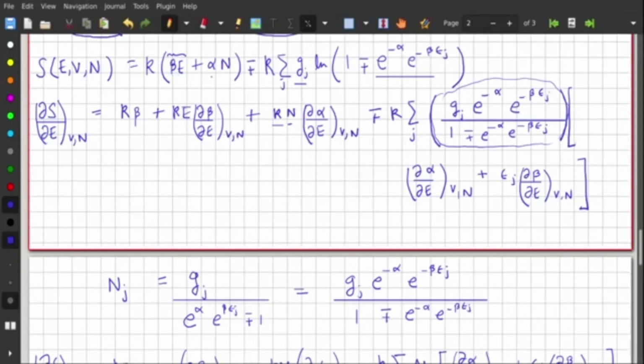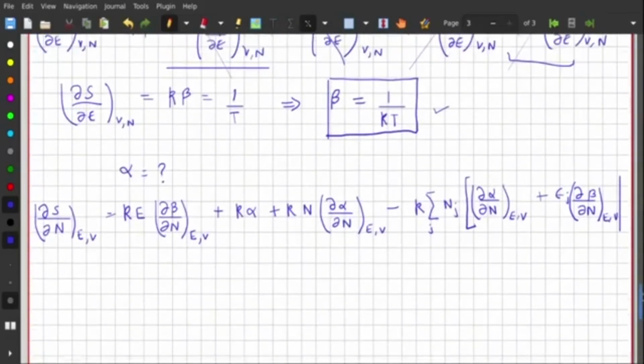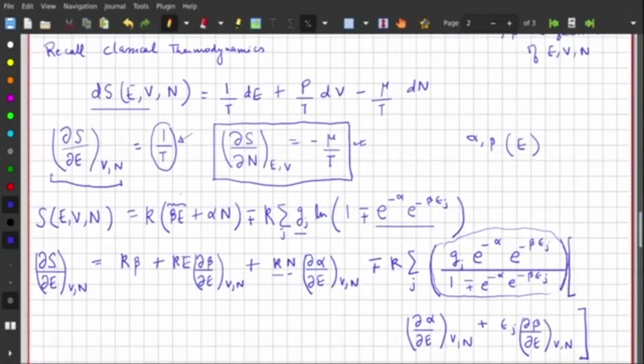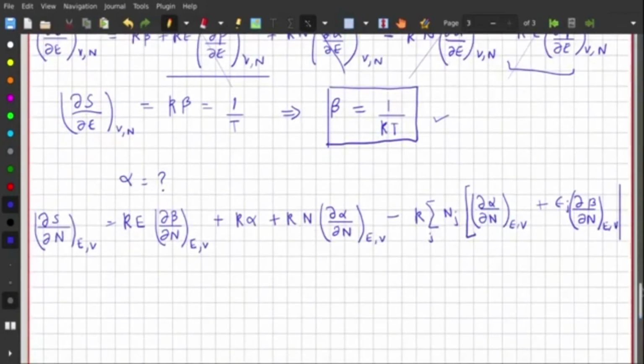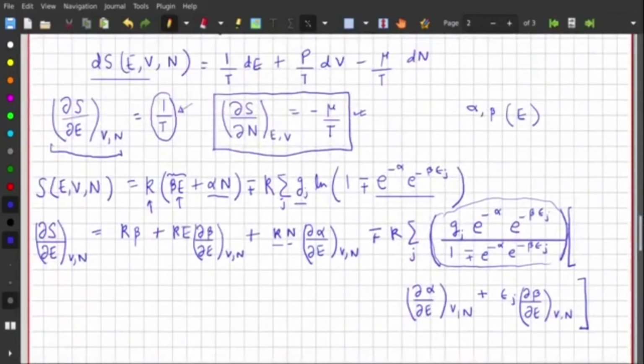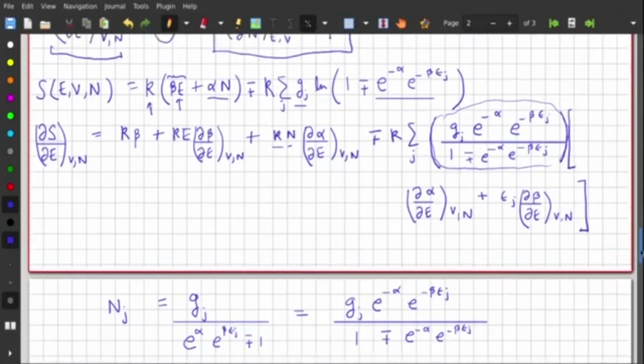So we have K E times partial beta partial N. K is the Boltzmann constant and E is the total energy, which is constant, multiplied by partial beta partial N. Plus, now this we need to differentiate with respect to N, and alpha is also a function of N, so we have to use the product rule, and hence we have two terms: K alpha plus K N partial alpha partial N. Minus K and sum over j, and this term, we later realized, was the equilibrium particle distribution, which is Nj.